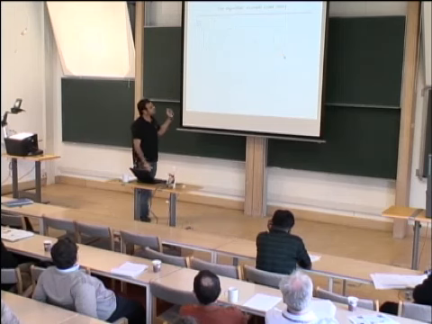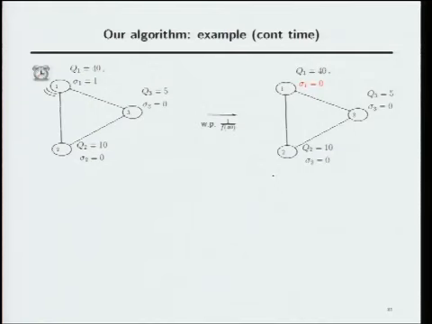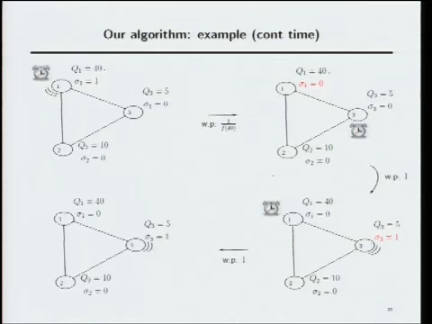Let's say it decides to leave the medium, so now nobody is transmitting. Some time passes, and let's say node 3's clock ticks. It senses the medium, instantly learns that nobody is transmitting, so the medium is free. With probability 1, it acquires the medium and starts transmitting. After some time, this node's clock ticks, sees that there is one contending transmitter transmitting, so it can't do anything, and it will just do nothing.